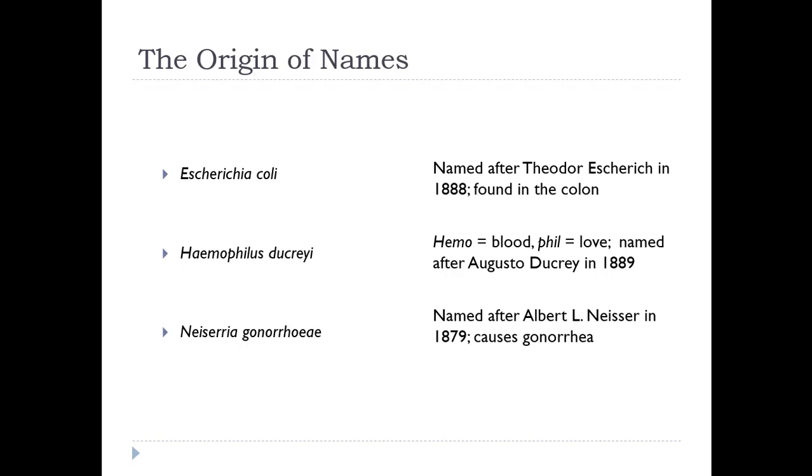So that's an example of a founder naming the microbe. Haemophilus ducreyi. I think hemo is meaning blood and phil meaning love. Named after Augusto Ducrey. Neisseria gonorrhoeae, so gonorrhea, named after the guy.